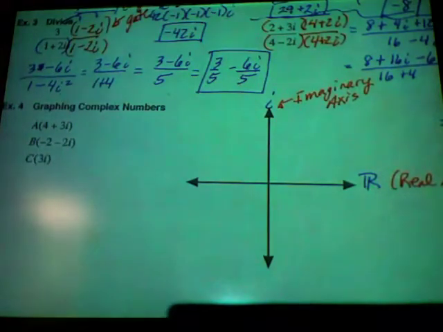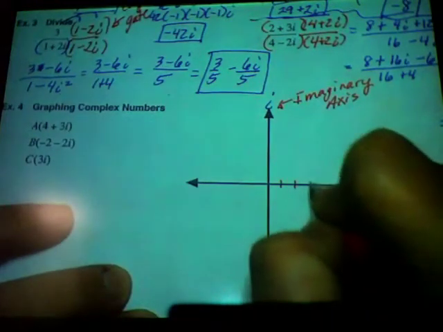So x is your real, and in standard form, real comes first, and y is your imaginary, and in standard form, imaginary comes second. So alphabetically, x comes before y. And then in standard form, real comes before imaginary. So if that helps you remember it, then put in some hash marks.